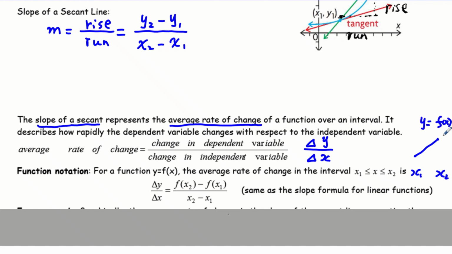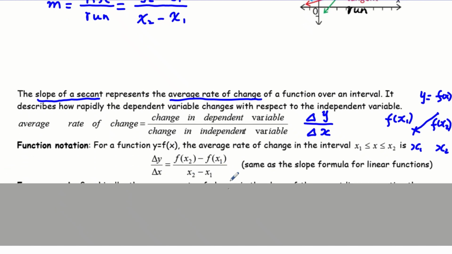We need to know how to find the value of the output when the input is x1. We just plug x1 into the function, and then x2 as well. Then we have the y values. The vertical change is f at x2 take away f at x1, so this is y2 minus y1, over x2 minus x1. This is for function notation.